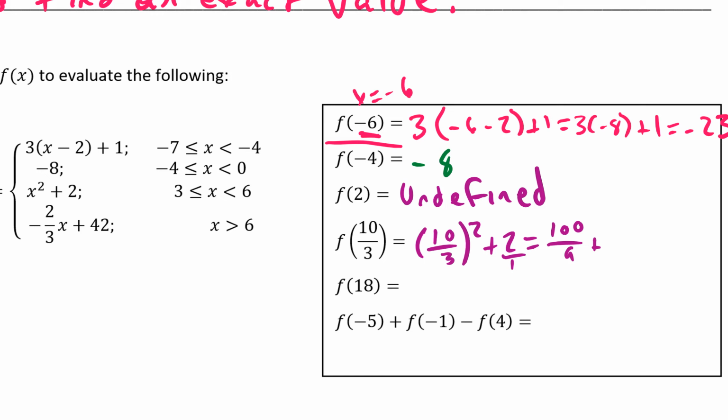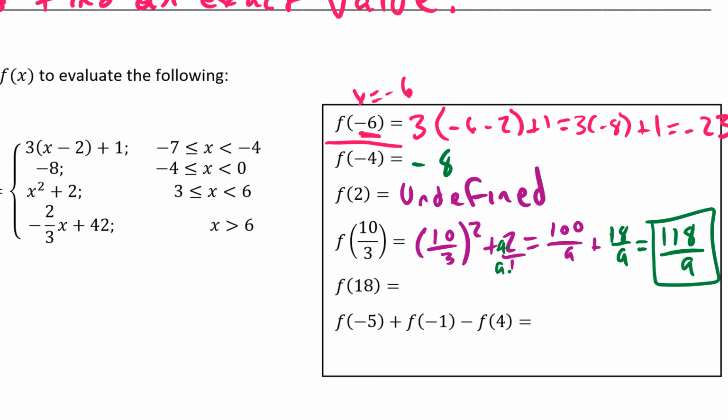So 2 over 1, what can I multiply 2 over 1 by to give me something over 9? Times 9, right? Times 9 here, times 9 here. So I'll get 18 over 9. So 100 ninths plus 18 ninths gives us 118 ninths. We'll just leave it like this for now. We might be able to simplify it, but for the time being, we'll just continue. Actually, I don't think you can simplify it.